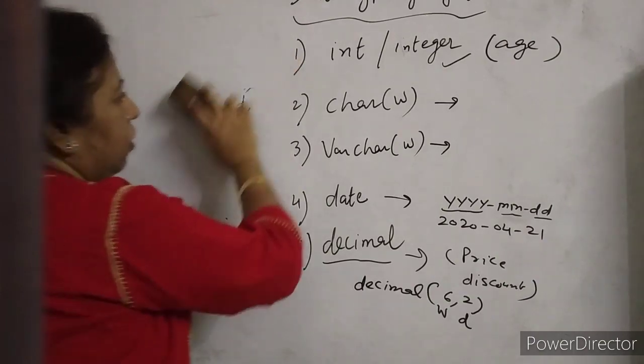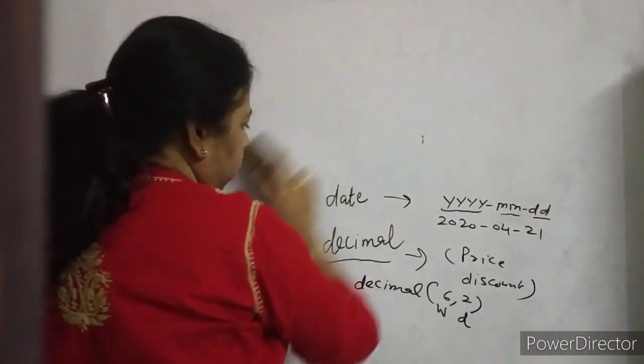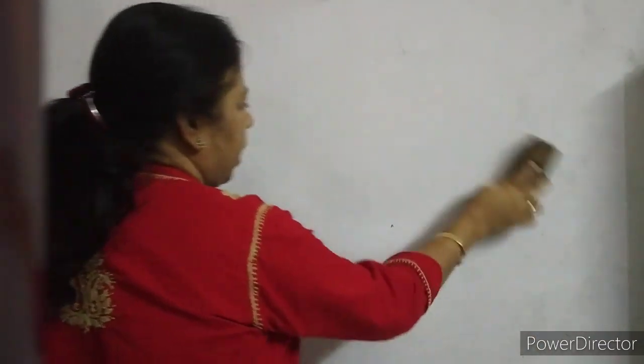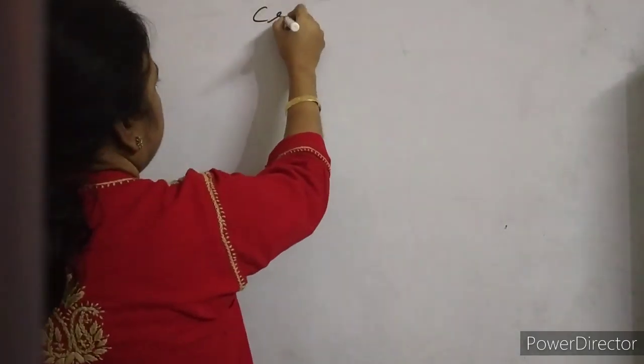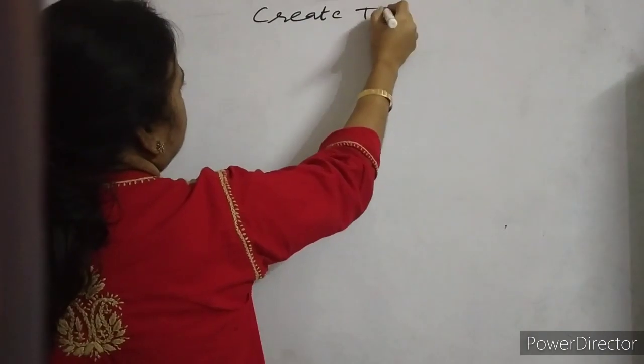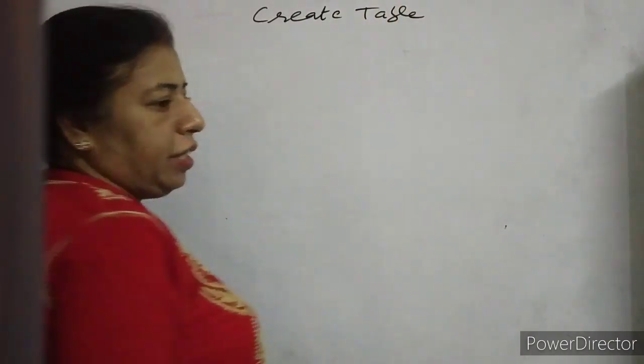Now, after that I have covered the create table command. Create table command is used to create the table in MySQL. For creating the table, I first create the database. I am just revising all the steps again.